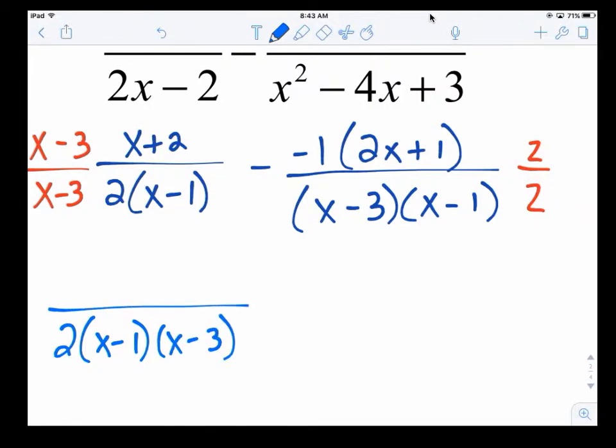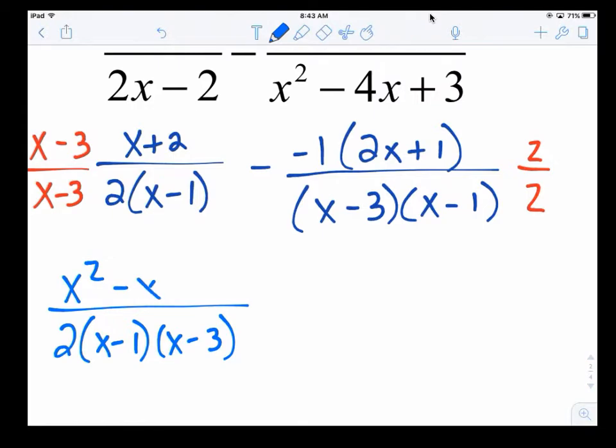And then what should I have on the top? Let's see. Minus, I'm sorry.